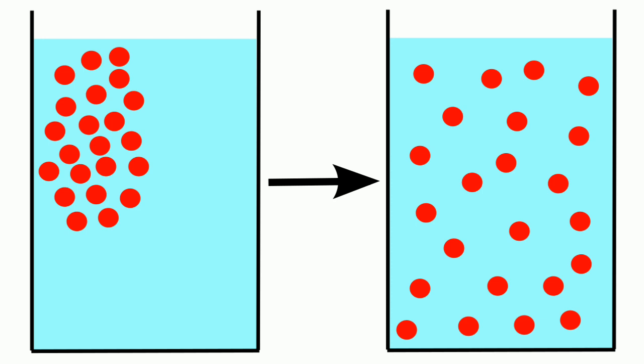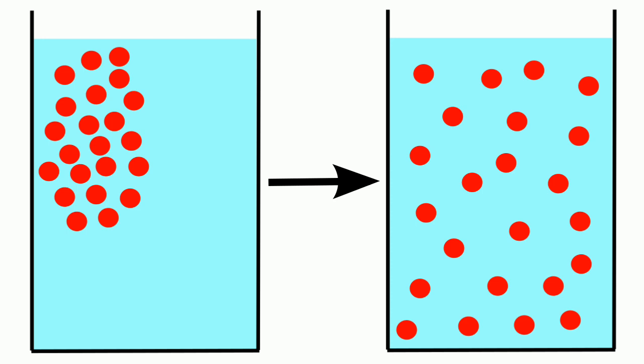Diffusion also takes place in liquids. For example, sugar is mixed with water. If we consider the red dots as sugar molecules and the blue liquid as water, then sugar moves from its higher concentration and is evenly distributed in the water to form sugar solution.